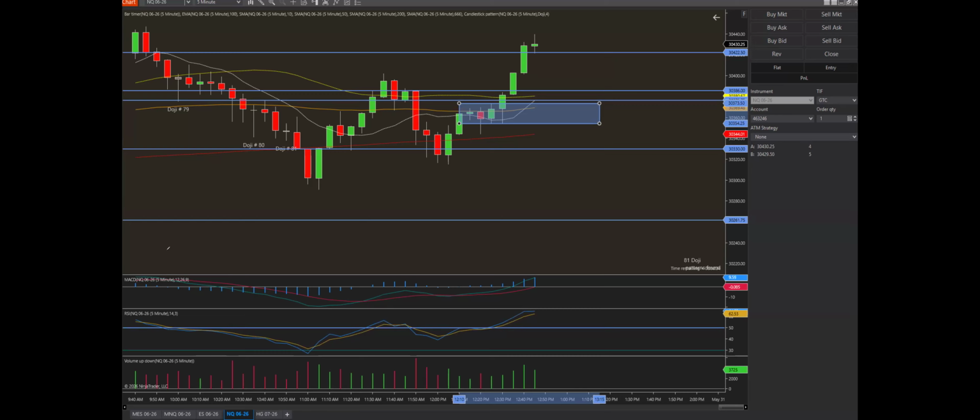Once you get that experience, once you see the imbalance being created, you're going to see the momentum changing, right? It's like watching an NBA championship game or an NFL game. If you're an experienced fan, you can see the momentum shifting in the game, right?